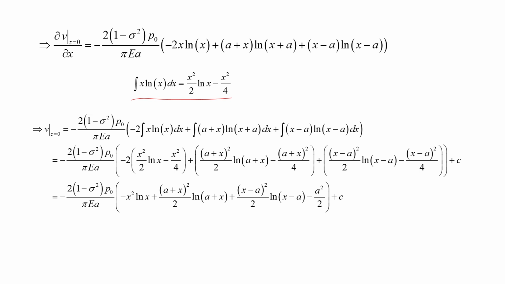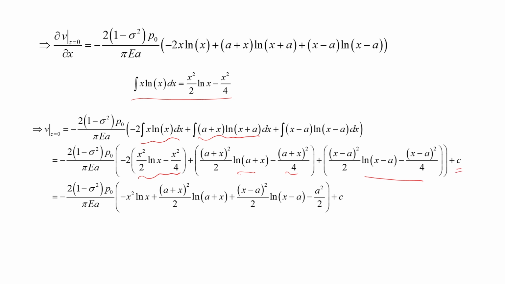Here if I integrate it and use that, instead of x ln of x we will have x square by 2 ln of x minus x square by 4. Instead of x we replace a plus x, so it will be a plus x whole square by 2 ln a plus x minus a plus x whole square by 4, and like that, with an integration constant c.